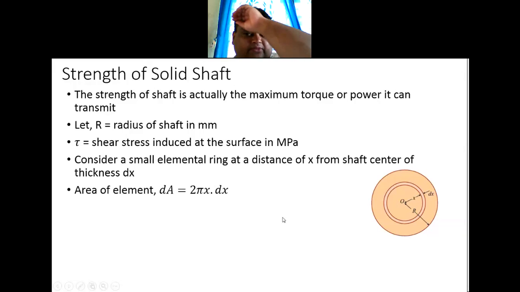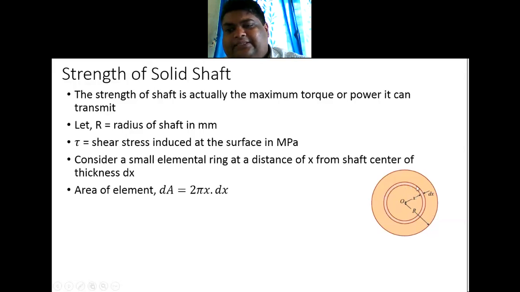Now the area of this element, that is this annular region, see, this is a very small element. So if you just cut this and open, you will get it as a rectangle. The length of this rectangle will be the circumference of this circle, that is 2 pi x, 2 pi r basically, and the depth of the rectangle will be dx.